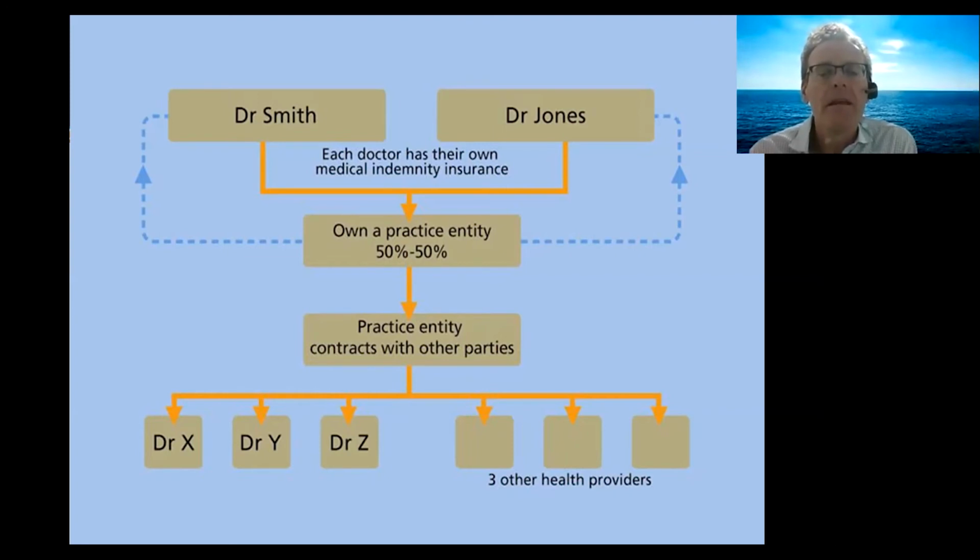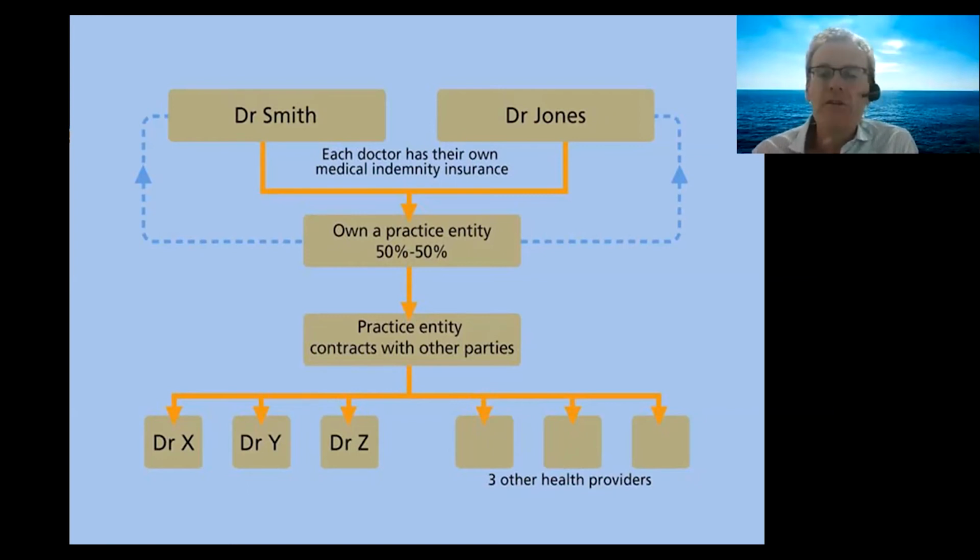So as you can see, they're all linked, and you as an owner have responsibility for the way that practice is managed. You can't just say that Dr. X, that's that doctor's patient, I don't have any responsibility for that doctor's patient.